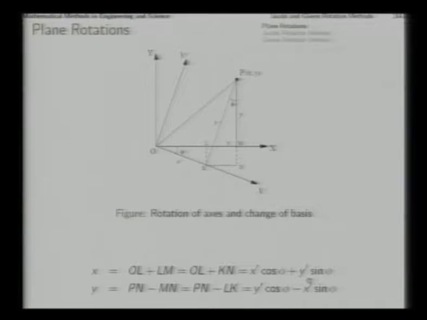So, you have got this. Now, this shows that the old coordinates can be easily expressed as linear combinations of the new coordinates, and the coefficients are cos phi, sin phi, minus sin phi, cos phi, the coefficients of x prime, y prime in x and y.